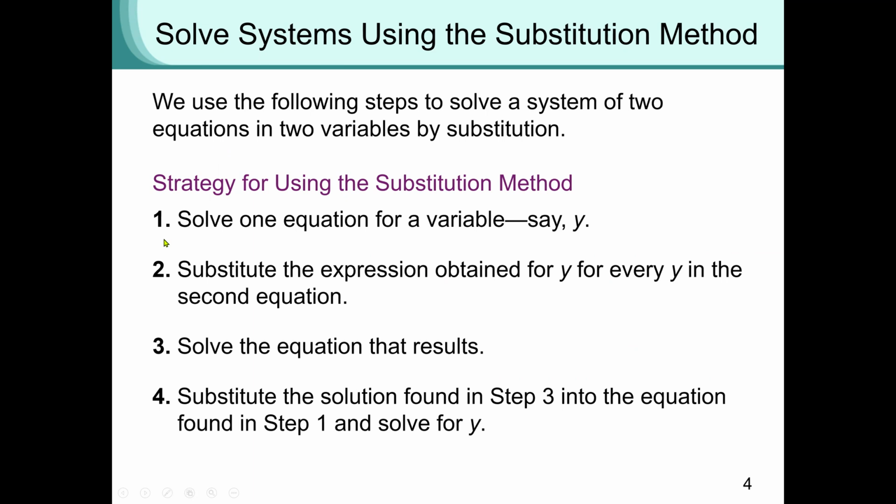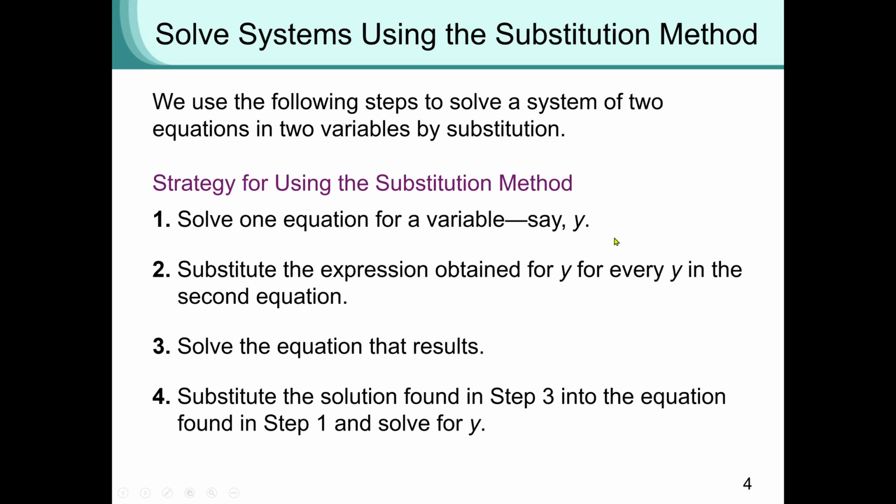So the first step, take one of the two equations and solve for one of the variables. Let's say in our equation, we have the variables x and y. So I can take the first equation or the second equation, and let's say I will solve for y. Now, when I solve for y from the first equation, next I'm going to take the second equation, and anywhere I see y, I'm going to substitute the answer I have from the first equation.